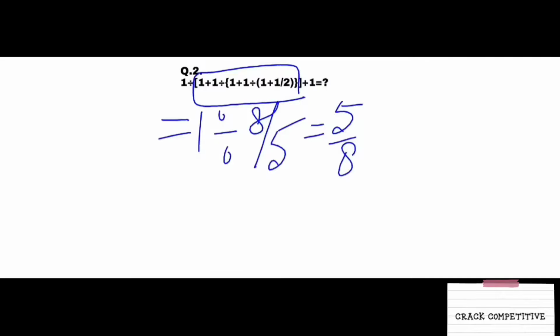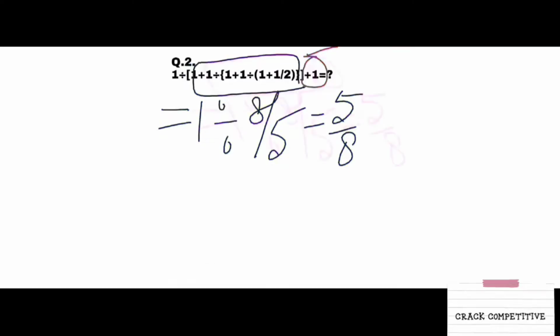Now you have to look into the equation very carefully, because many students make this mistake: they just forget this number plus, right? There is a number plus. You have to be very careful in your exam. You just can't forget this. You have to add 1 there, right? And the answer will be 13 by 8.